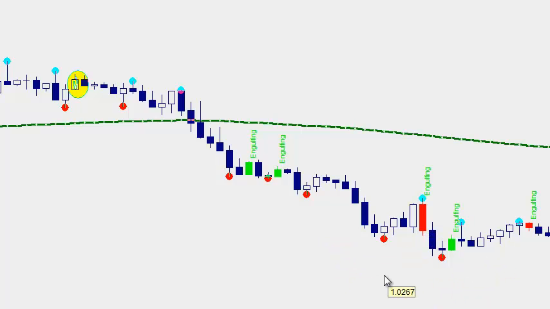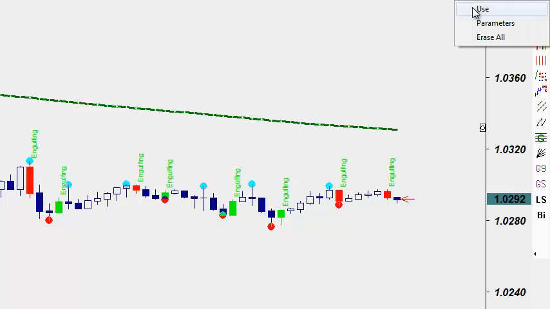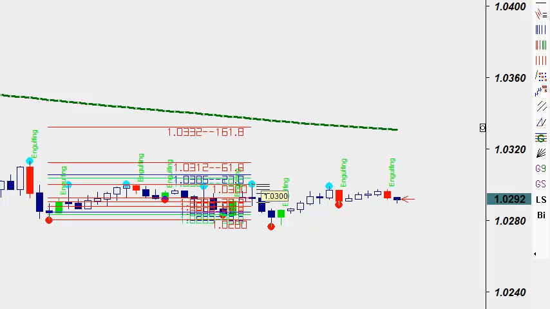So what we're going to do is work off of current price. Which is good because it's Monday and we should start a new week with a new set of fibs, which is okay.